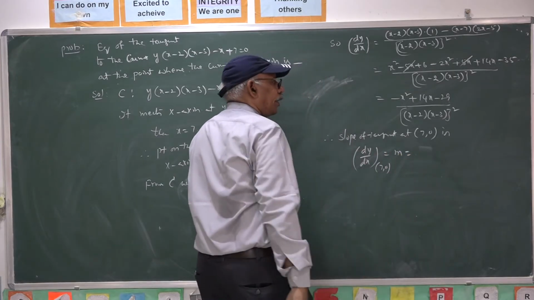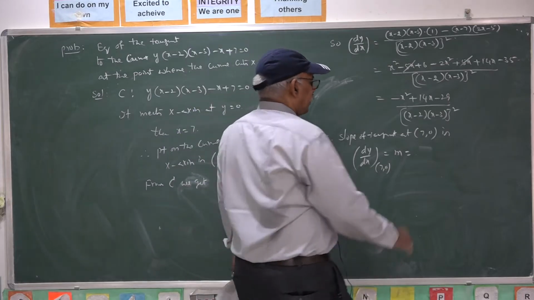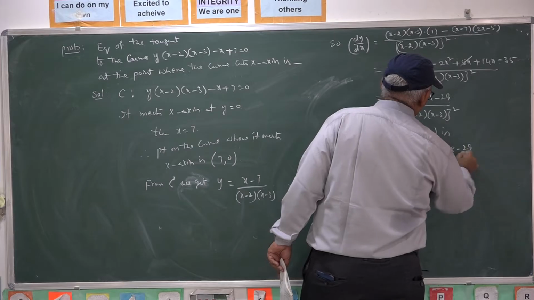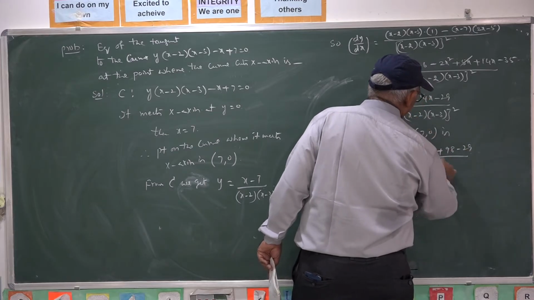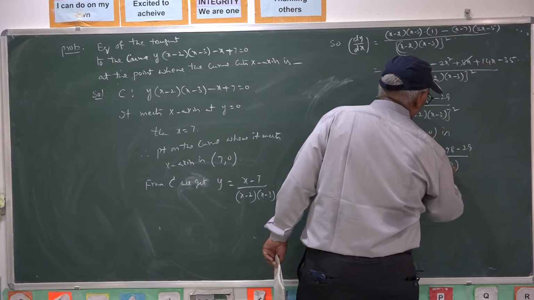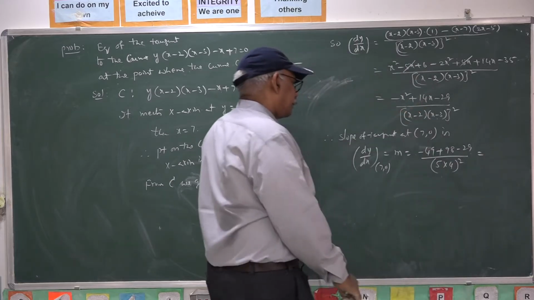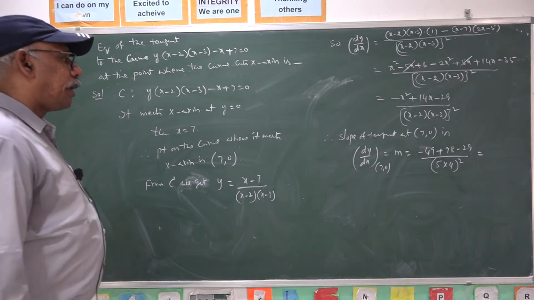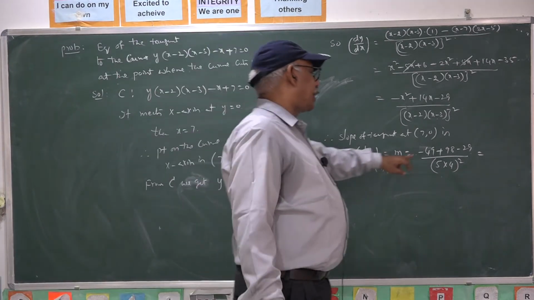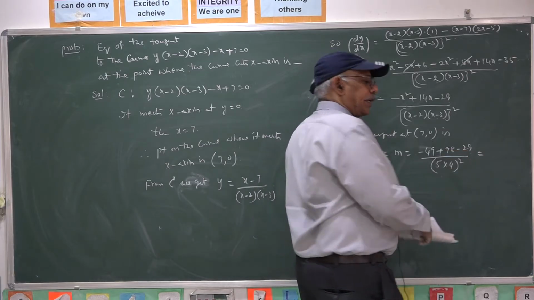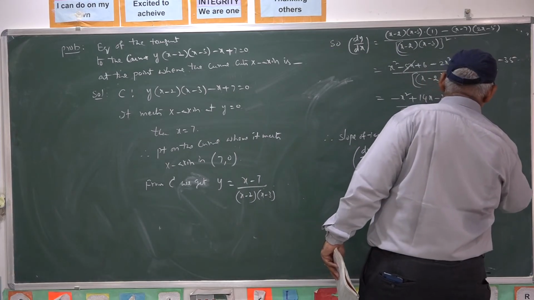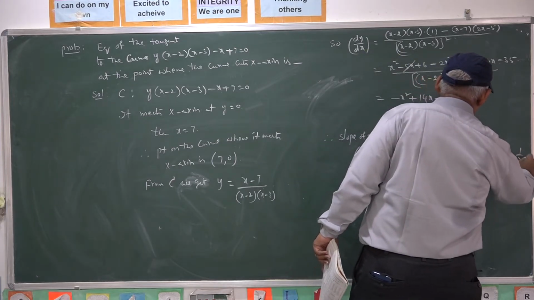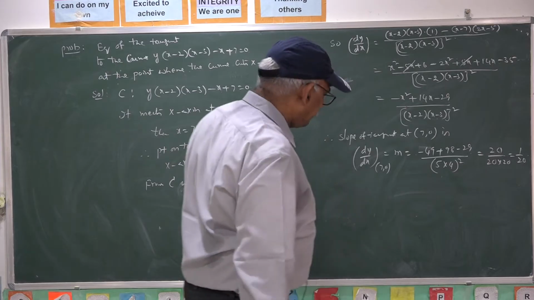Taking x equal to 7, we get minus 49 plus 98 minus 29 by (7 minus 2)(7 minus 3) whole square. This is m. Now minus 49 plus 98 gives us 49, 49 minus 29 is 20, by 20 square, which gives us 1 by 20.